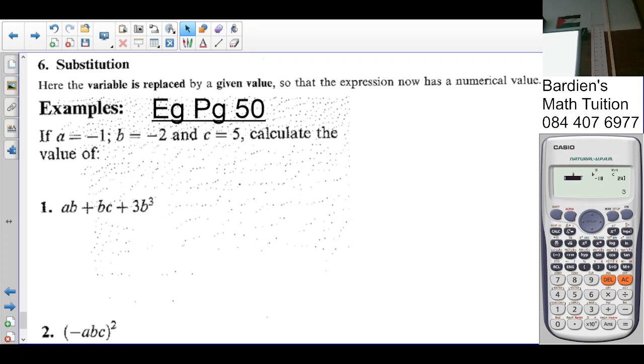Alright, so what do we do here? What are we going to do here? Replace a with -1, b with -2, c with 5. So do your thing quickly.